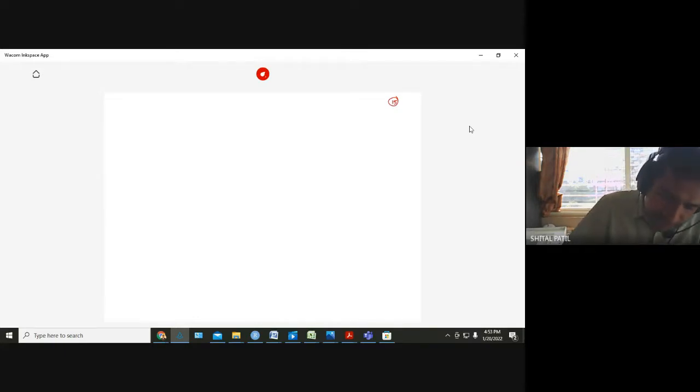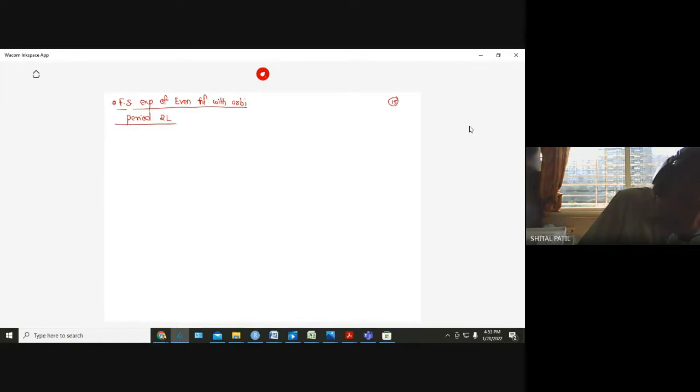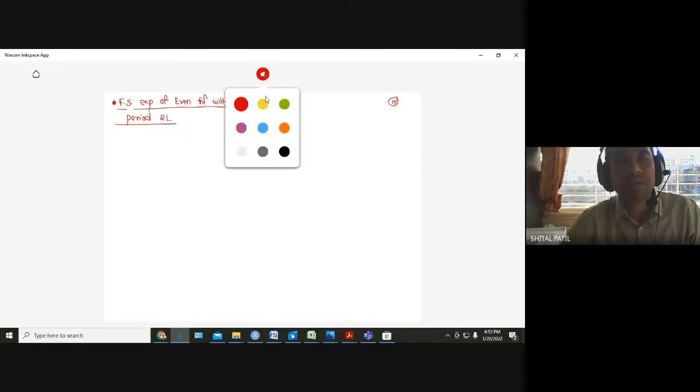Fourier series expansion of even function with arbitrary period 2L. Okay, now write with me, मेरे साथ लिखना है.